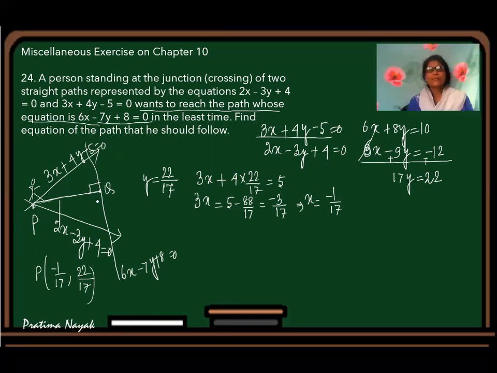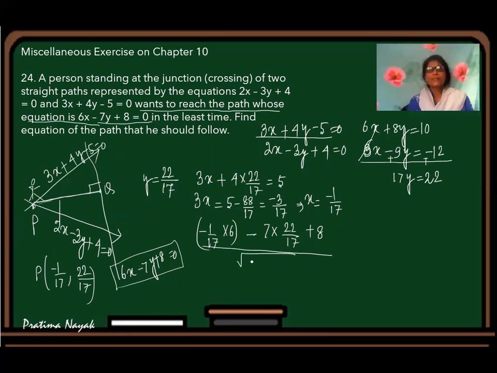Next, from this you will find the distance. So you will put the formula on this line. So it will be modulus of minus 1 by 17 into 6 minus 7 into 22 by 17 plus 8, by under root 6 square plus 7 square. 6 square is 36, 7 square is 49, so 85.